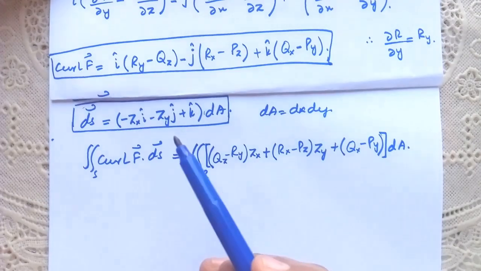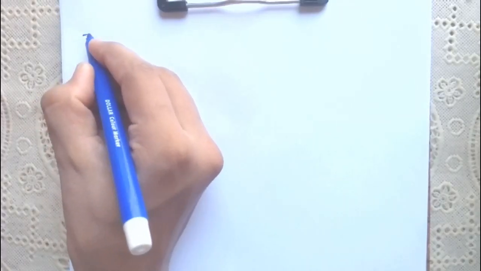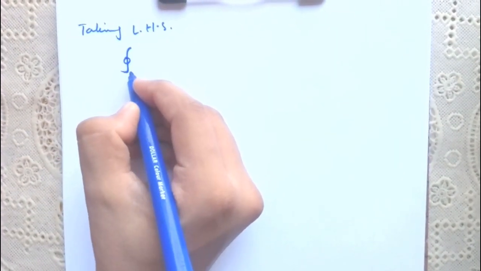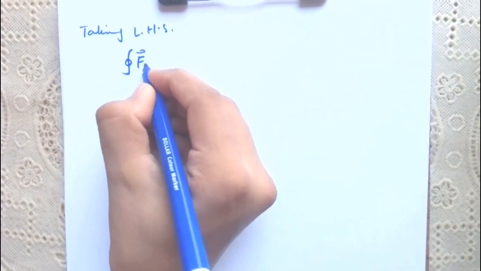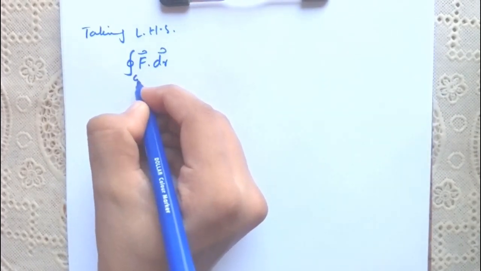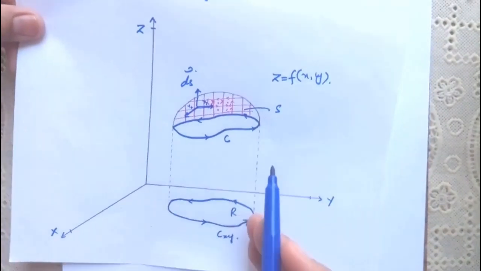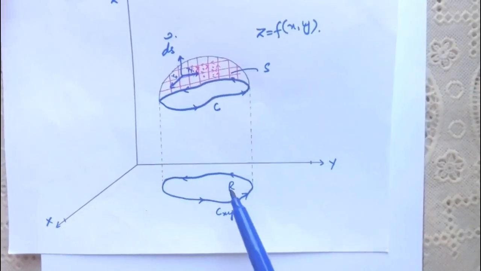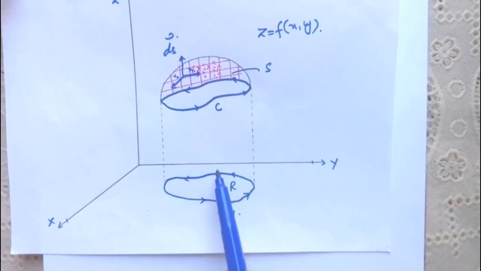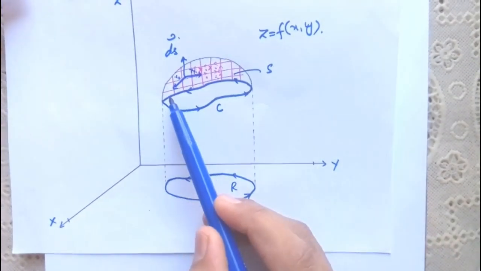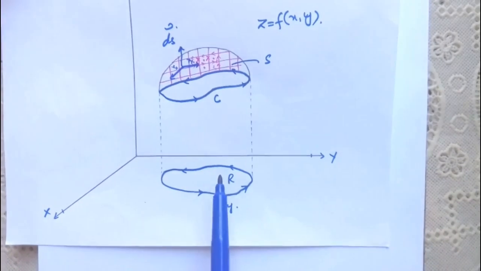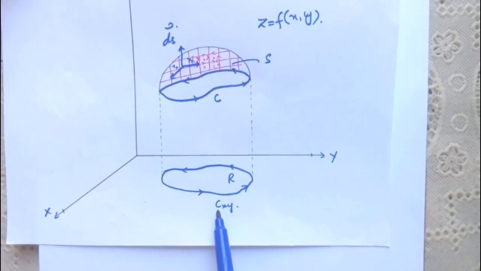Now let me work on the left hand side. Taking the left hand side, the line integral of a vector field F dot dr over the closed curve C. Now let me focus on this region R, which is in the xy plane, and the boundary of this region R is formed by the projection of this curve C, right? And we call this boundary C_xy.